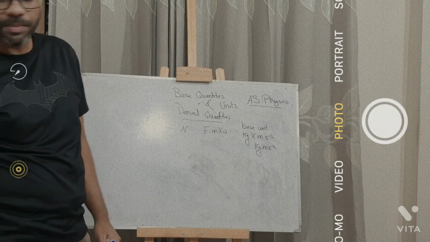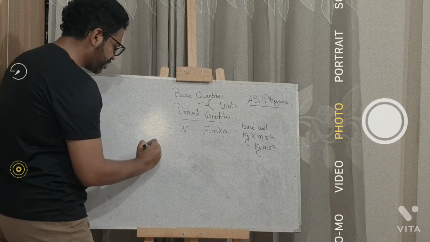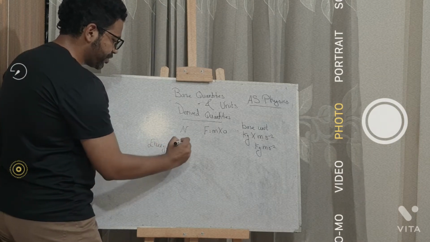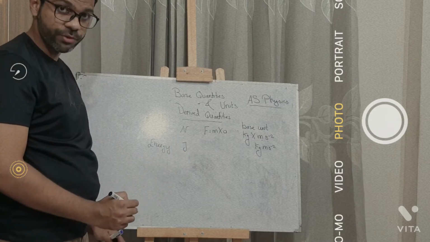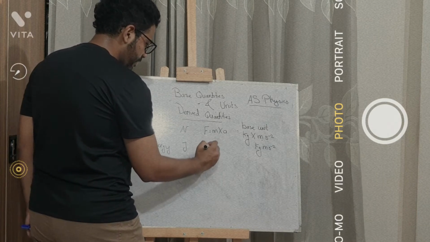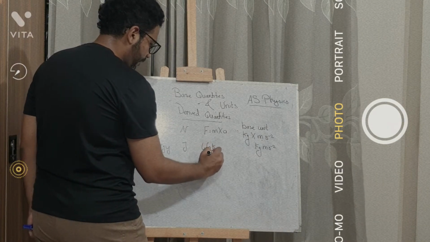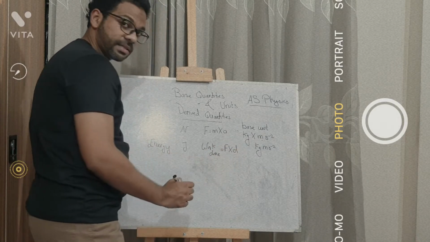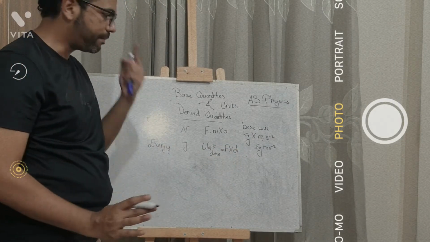Likewise, we can find the base unit for energy or work done. Let's do this example. So energy, we know the derived unit is joules. So how do we find out energy or work done? Let's do it with work done. Work done is force multiplied by distance, right? Work done and energy will have the same base unit, right?